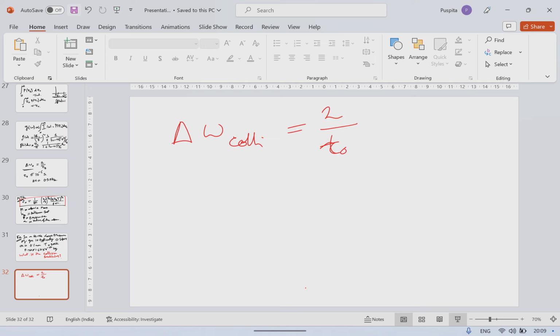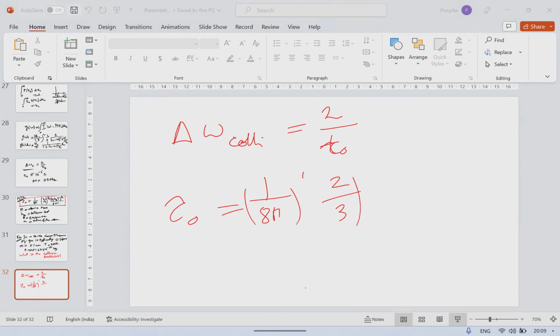So you have been given the expression of τ0. You need to put everything in this expression, and we need to take into account the units. We need to be very careful about the units.